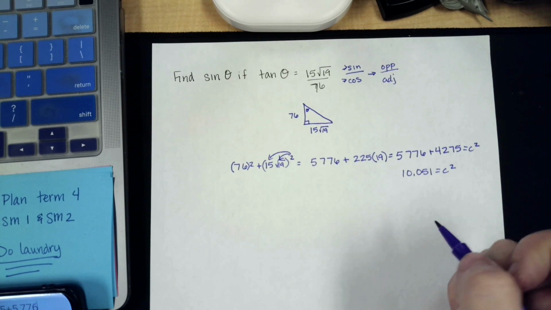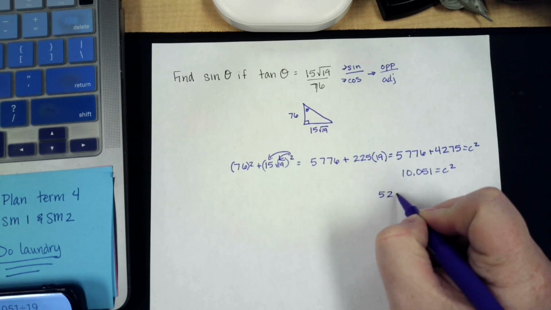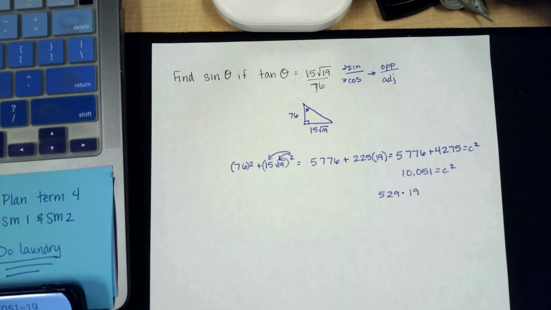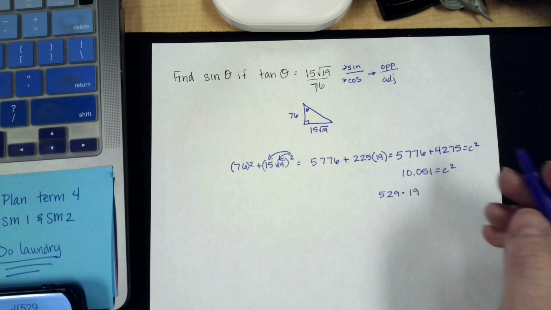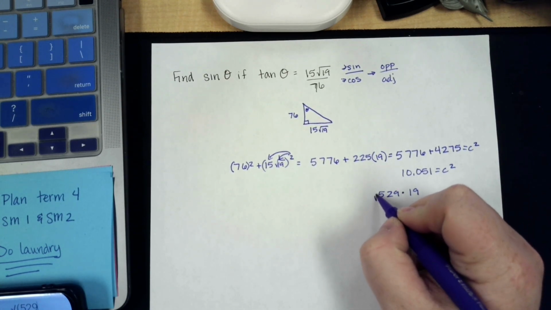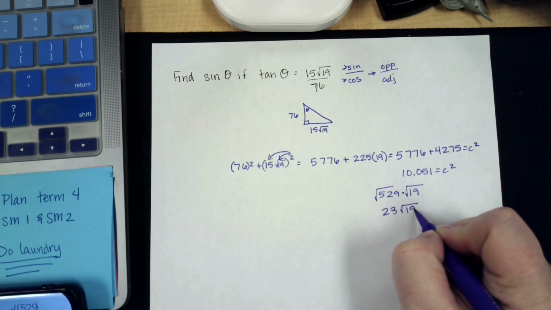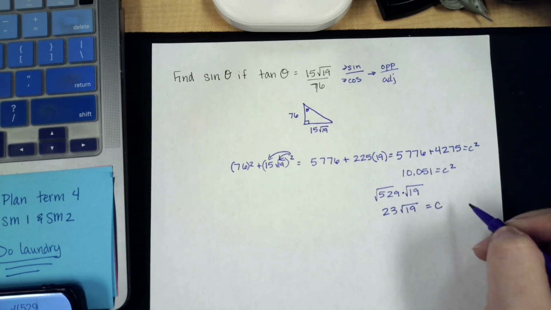So maybe I'm going to be left with a square root of 19. So I'm going to divide that by 19, and I get 529 times 19. So let's see if 529 is a perfect square. And it is. The square root of 529 is 23. So now if I square root both of these, I get 23 square roots of 19 equals c.